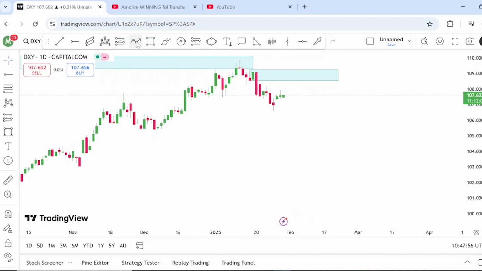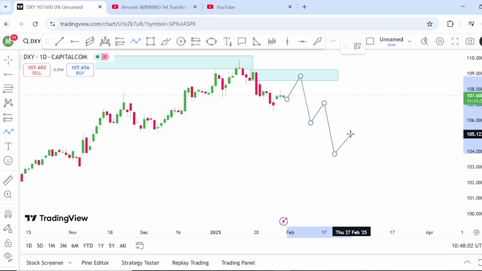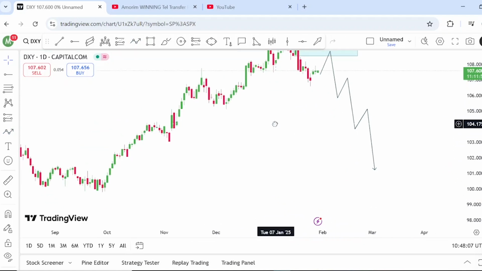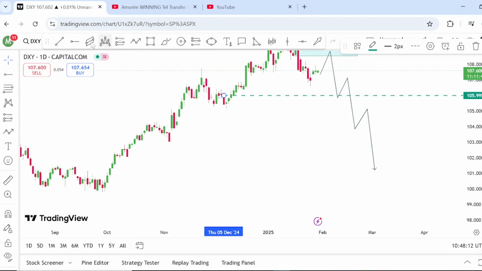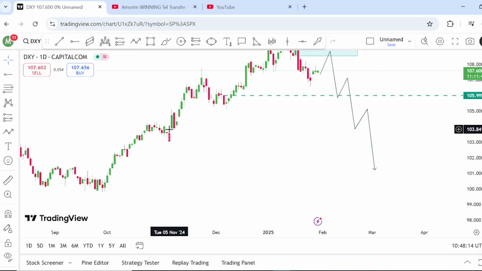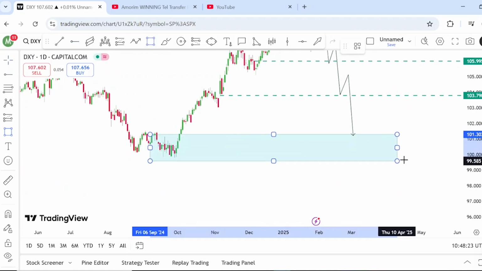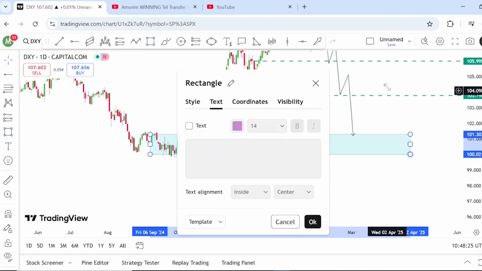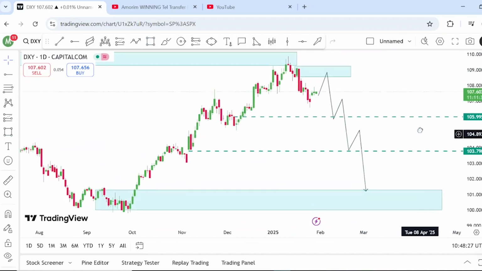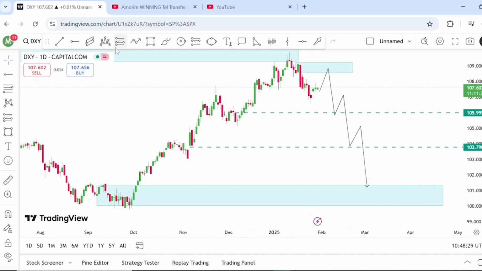It will look like this, high to the low, continuing like that until we start targeting some strong areas, these ones, until we get to the downside. We have to look at everything from that. So that's how the market will look from the DXY.